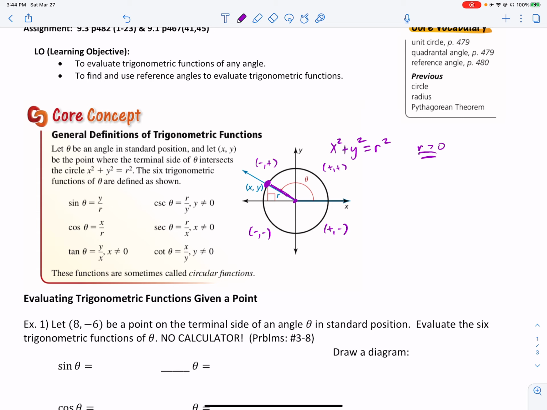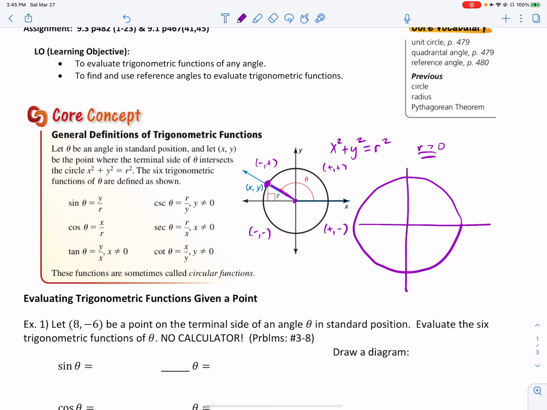And the idea is, let's just take a different circle here. And if I draw to this x, y point and drop a right angle, so this is my radius.